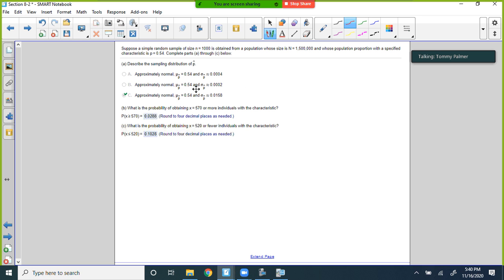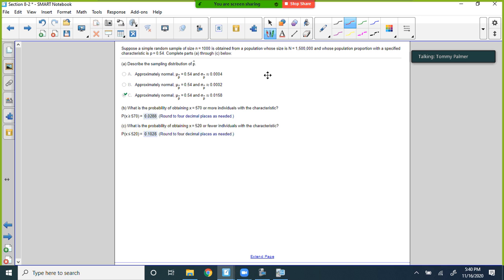Well, we know that the mean of P hat is 0.54. It says describe the sampling distribution. Well, we do that with the mean and the standard deviation. We did that on example number 2, did we not? We calculated the mean and we calculated the standard deviation of P hat.